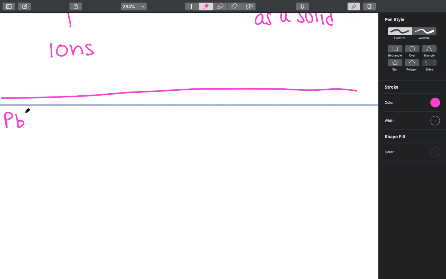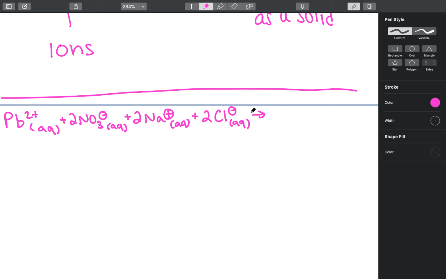So you have 1 lead-2 ion, so this will be aqueous, and then 2 nitrates. So make sure you write your phases. So plus 2 chlorides. Now it's important to write your phases because it's telling you how the ions are interacting with the water.